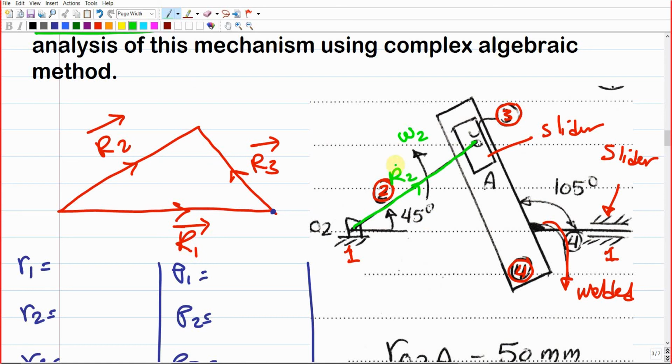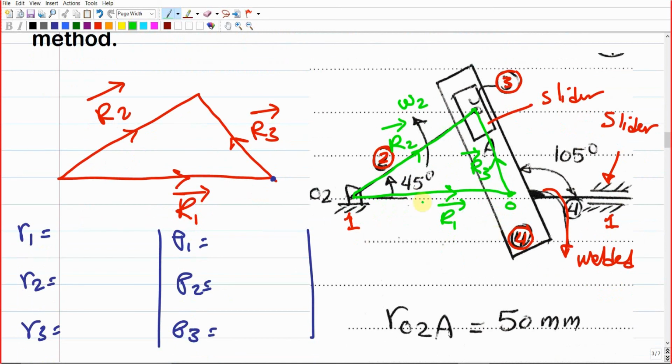This is R2 vector, and we do have here R1 vector, and there should be here R3 vector in this way. We can give a name to this point like point O, or just without any name, it doesn't matter, right? This is the intersection of these two position vectors.